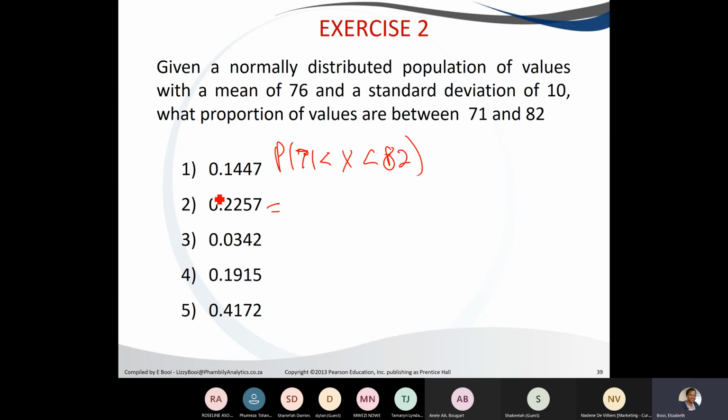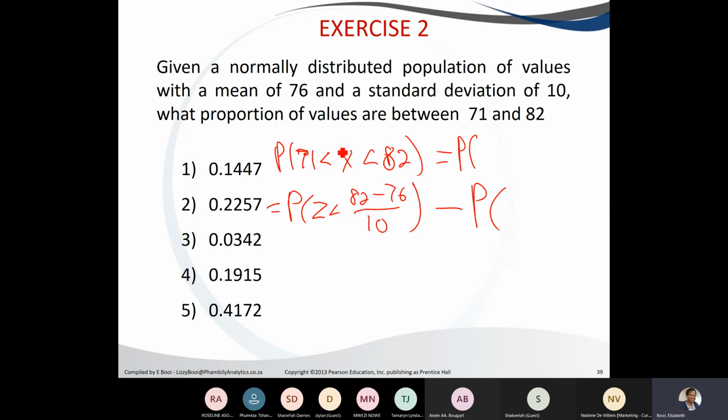And this we can find by finding the probability that Z lies between 82 minus our mean of 76 divided by our standard deviation of 10, minus the probability that Z lies between.